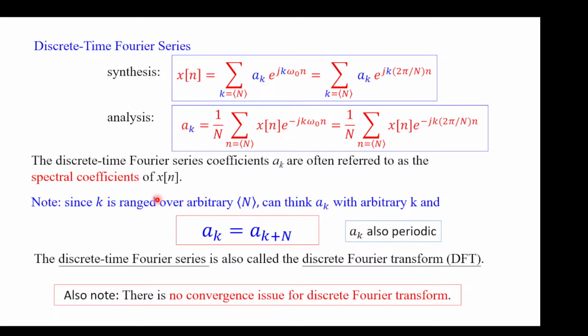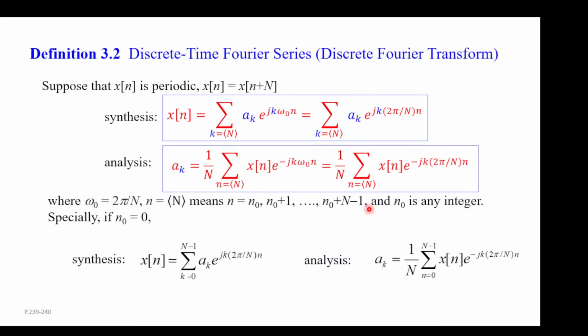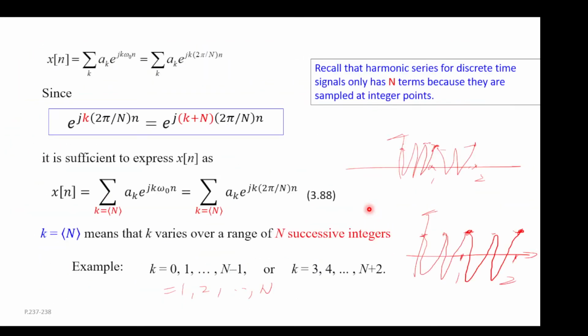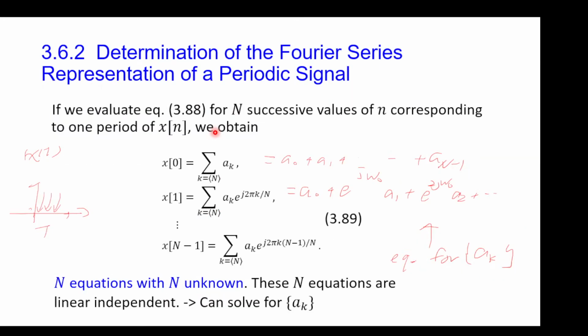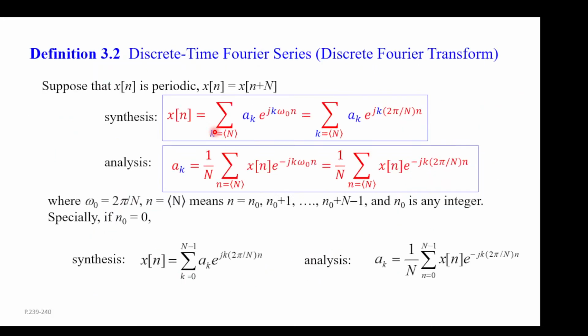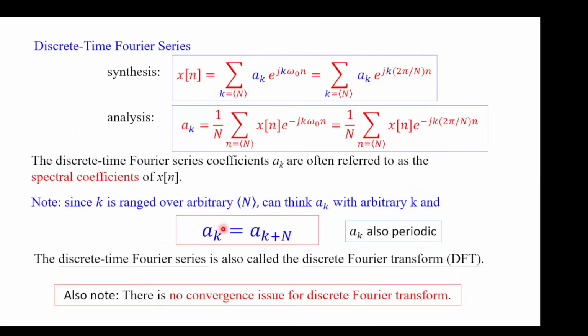Also, remember that this complex exponential is the same when k goes to k plus big N. So it's really natural to think of our ak as having k in arbitrary value.